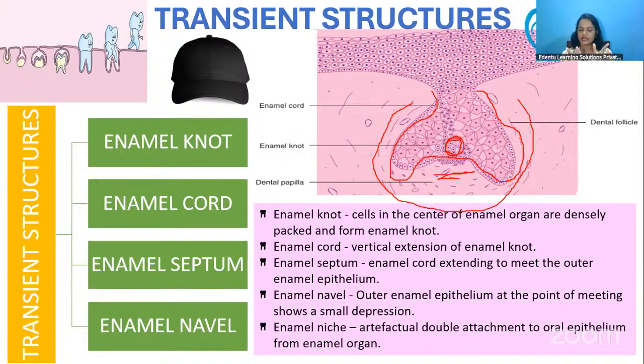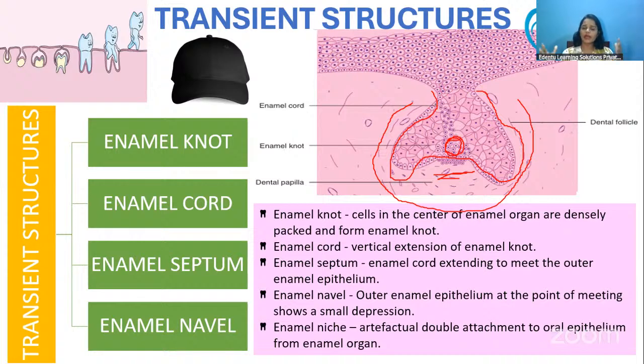A knot-like structure is formed at the middle towards the base of this enamel organ. That particular condensation of cells, resulting in this knot-like structure, is called the enamel knot. Since it is present in the enamel organ, it is called the enamel knot.